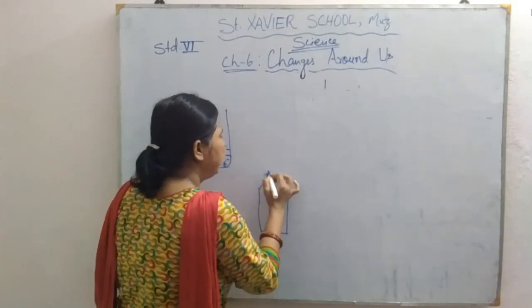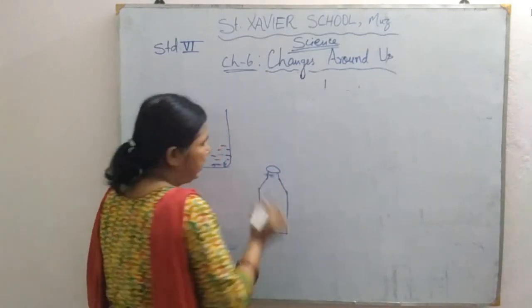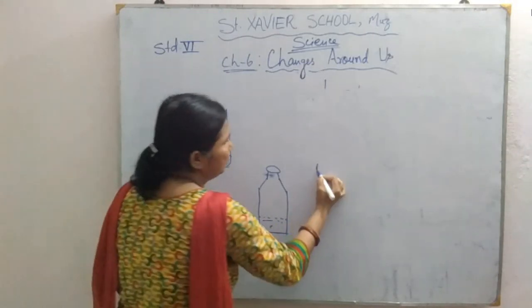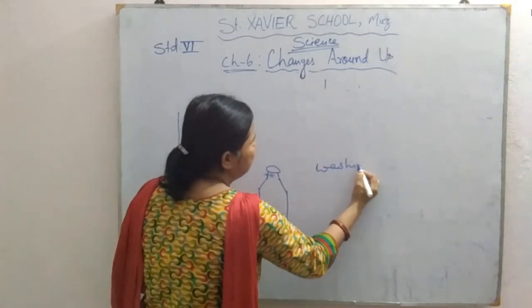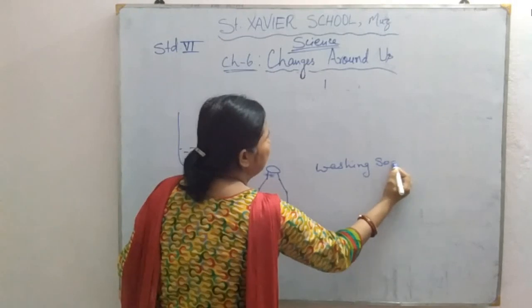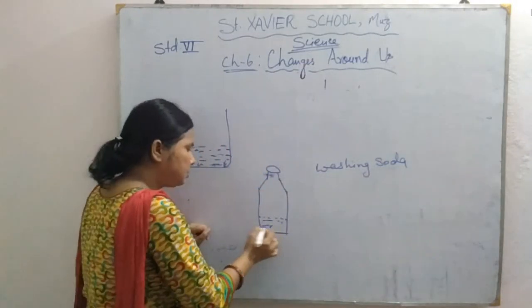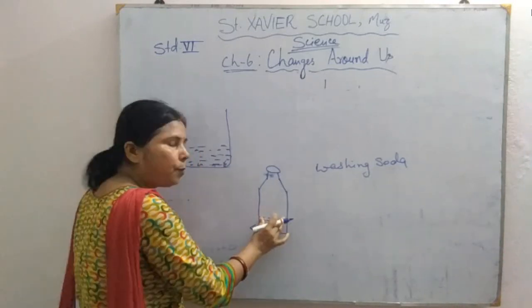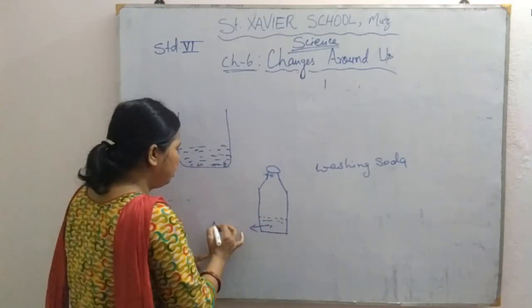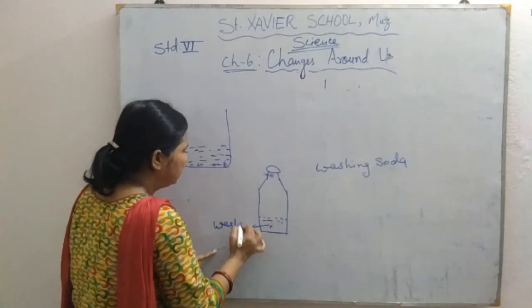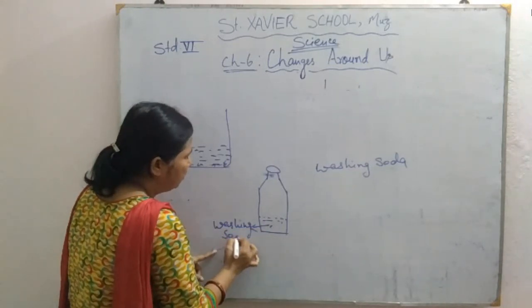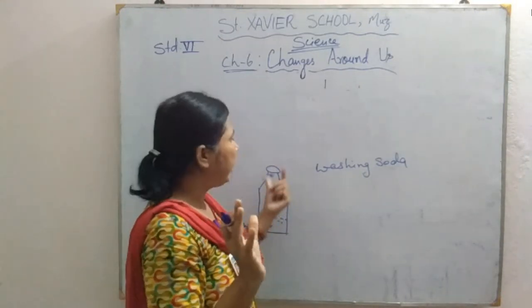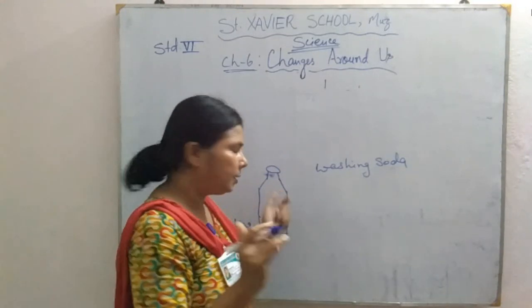In this bottle, put some washing soda, and add about 50 milliliter of water to it.